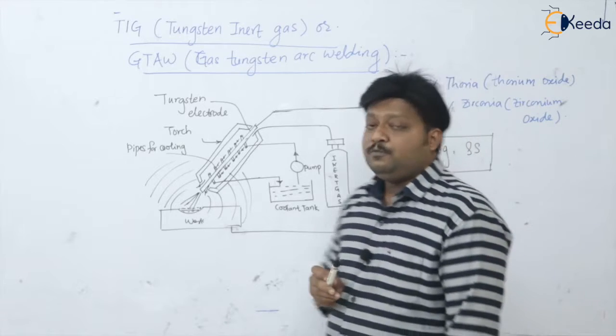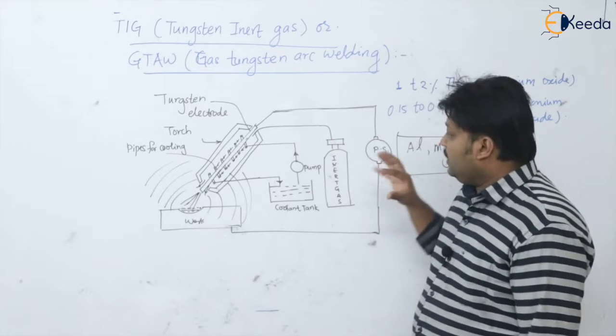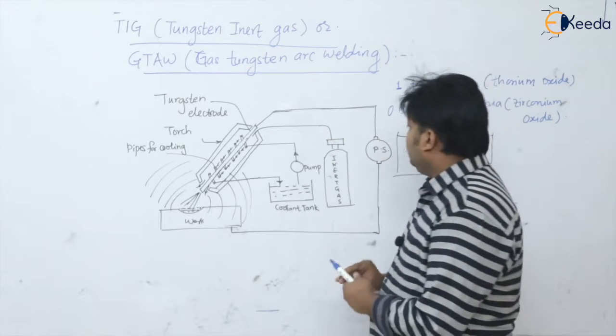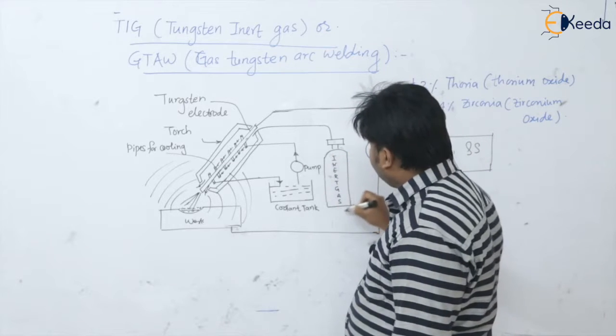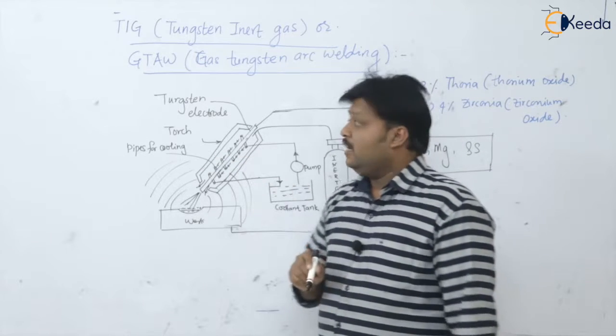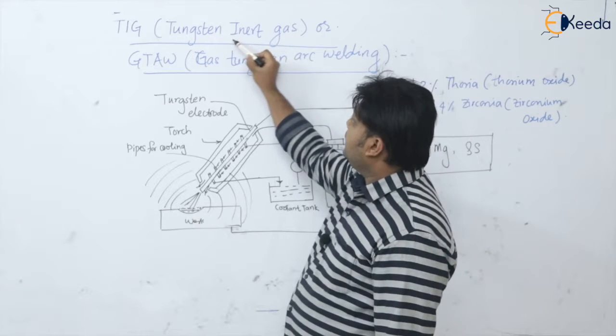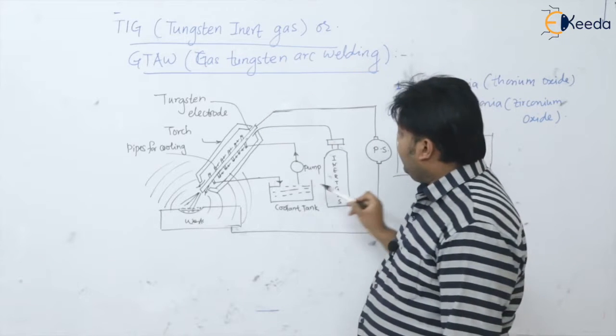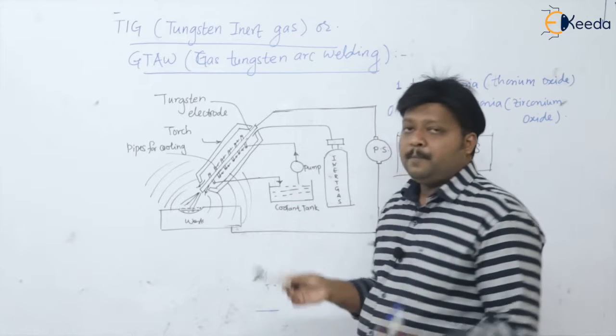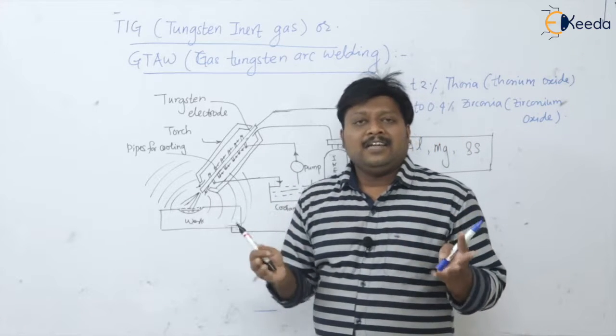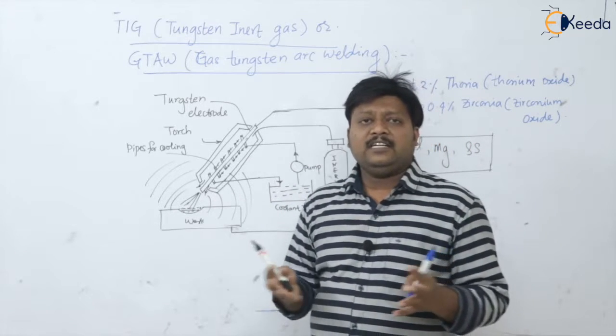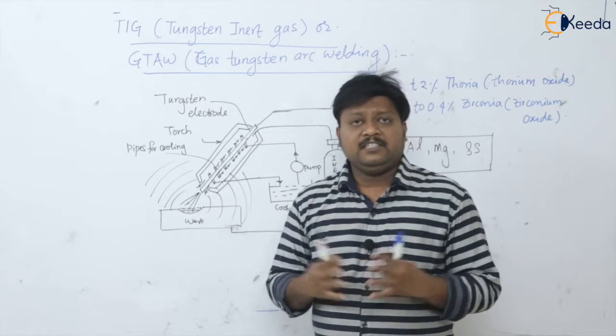Now if you look at the setup, here we are providing the inert gas into this welding. So that's why the name is tungsten inert gas. So this inert gas, basically there are argon, helium, carbon dioxide. These are the inert gases which can be used.